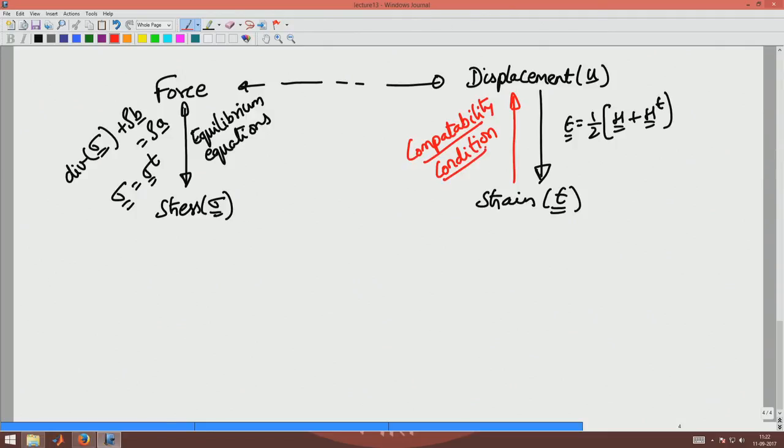Now, what did we say about the displacement field? We said that the displacement field would be such that if I have a surface, the surface will move like this, but there will not be opening up of surfaces or interpenetration of surfaces.